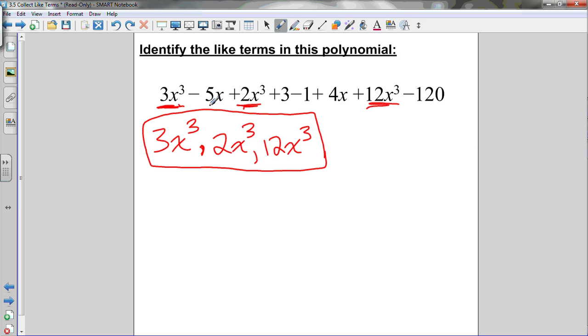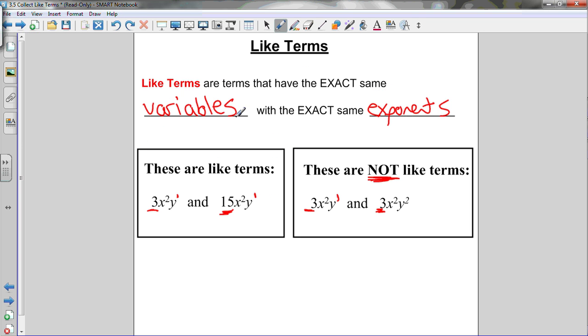You might think because this term here, this negative 5x, that's got an x, shouldn't that be a like term? And the answer is no, because this x has an exponent of 1. So since the exponent on the variable is different than these ones, it is not a like term. Remember the definition of a like term? They have to have the exact same variables with the exact same exponents.